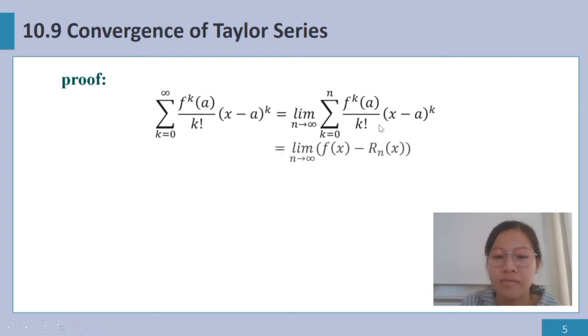And we know that the Taylor polynomial is equal to f of x minus the remainder term, like the formula that I showed you on the previous slide.